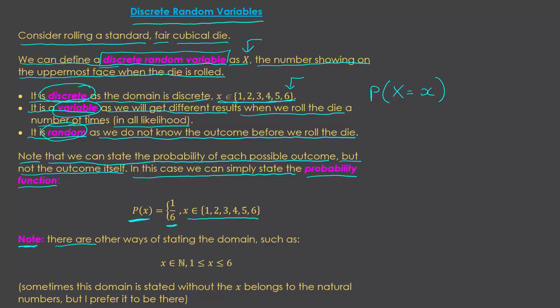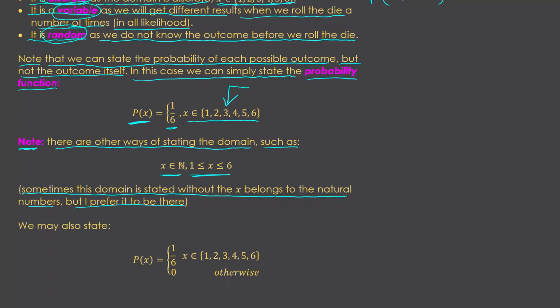Note, there are other ways of stating the domain, such as x is a natural number, x is between 1 and 6, and that's another way of stating this. Sometimes this domain might be stated without the x belongs to the natural numbers, but I prefer it to be there, so I would normally write that.